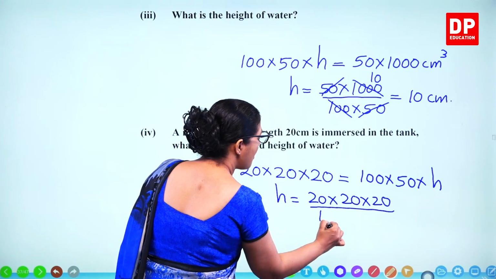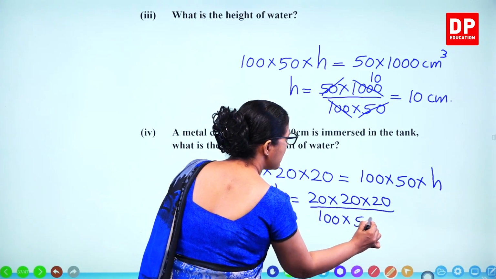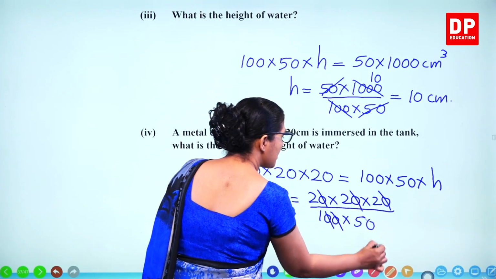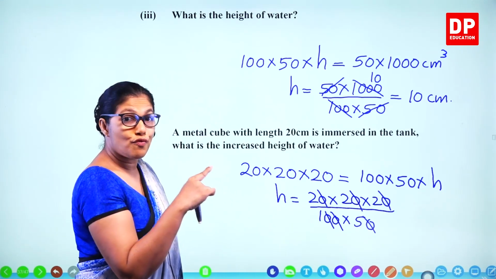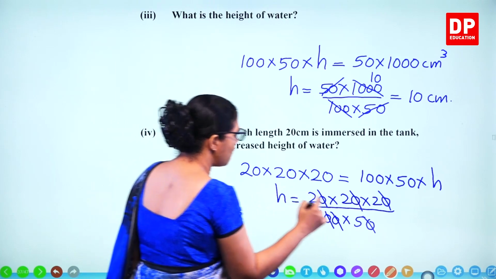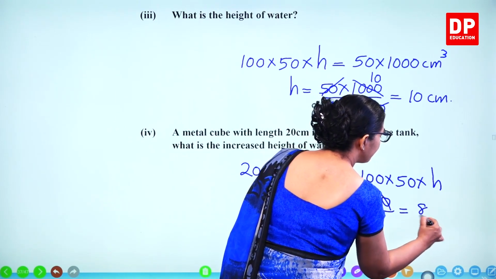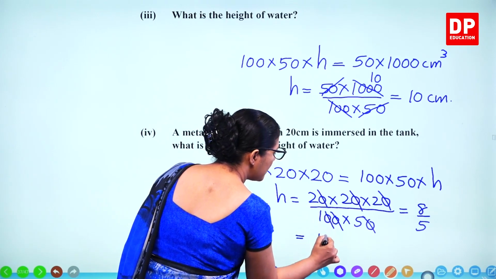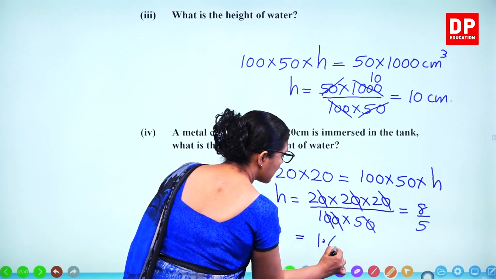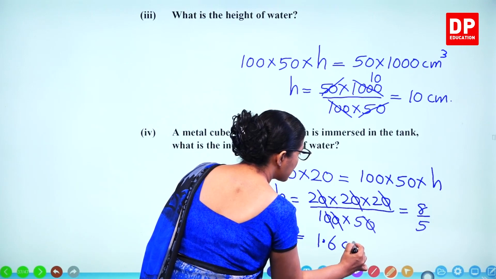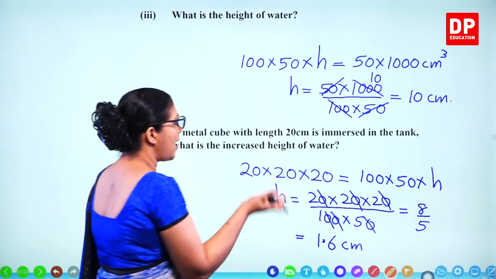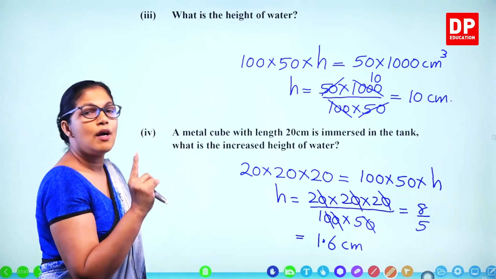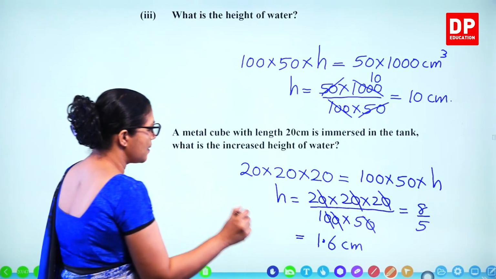Divide by 100 and 50 there. 0, 0. Another 1, 0. 2 times 2, 4. 4 times 2, 8. 8 divided by 5 is 1, and for the 30, that's 6. 1.6 centimeters height is increasing. It says what is the increased height of water? 1.6 centimeters.